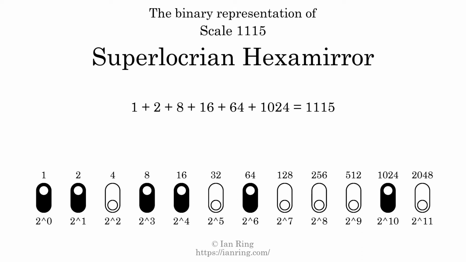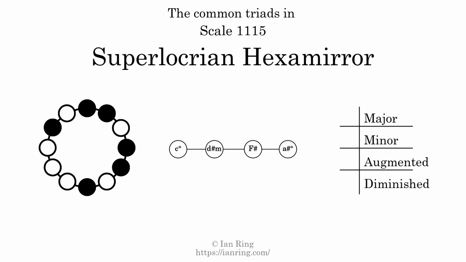That is why the scale number, in decimal, is 1115. The scale number not only enumerates the scale with a unique index, but it also literally describes the tonal content of the scale. Represented as a binary number in base 2, the scale number is 010001011011.